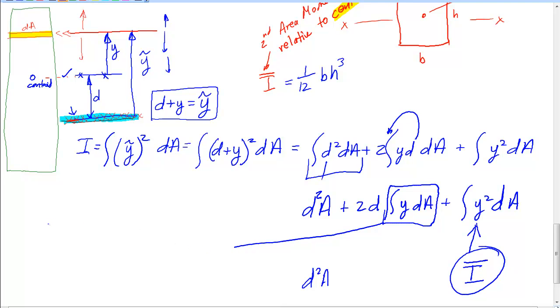I'm going to ask you a question. Somebody gives you this box. They say, I'm going to place the origin at the centroid.